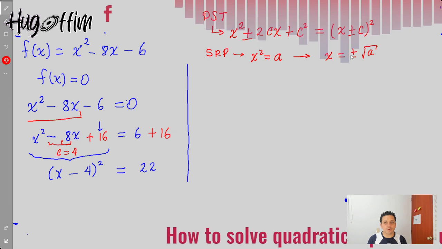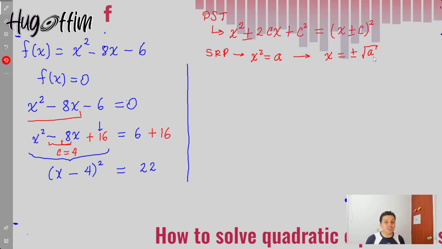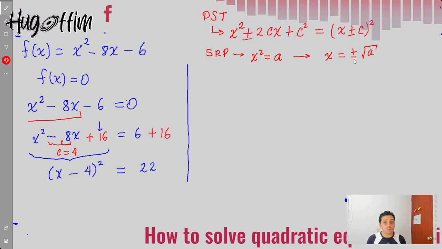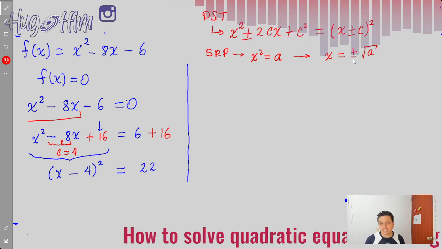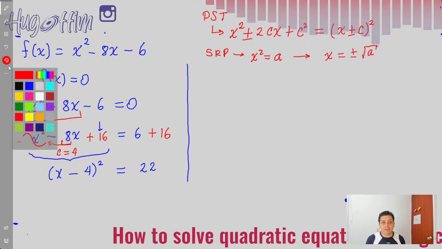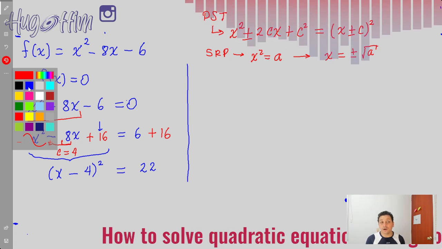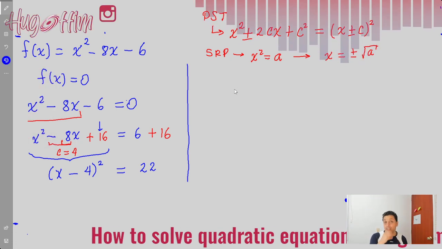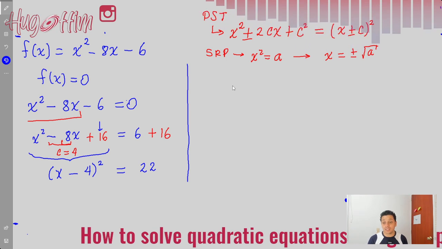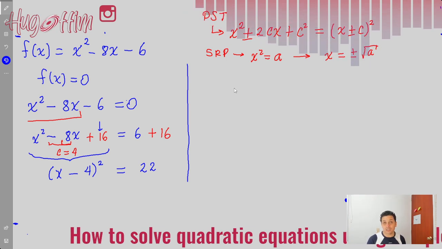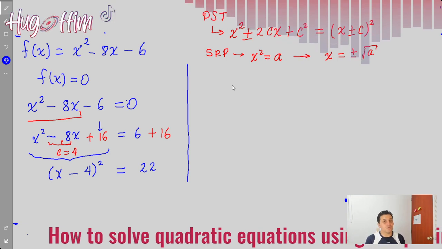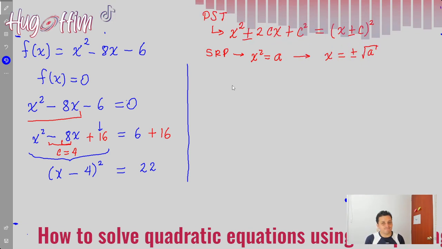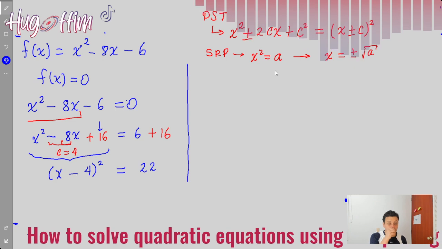Remember that we need to take into account both possible solutions, positive and negative. This is something you need to add into your solution, because if you raise a negative number to the second power, it's going to give you positive. So minus square root of a to the second power is going to give you a, sorry.